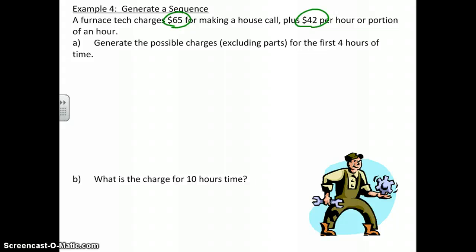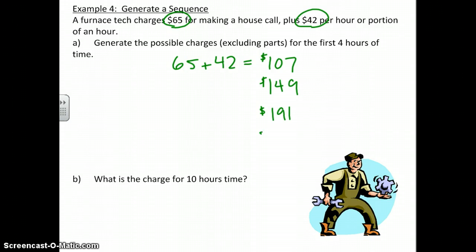The first hour is actually 65 plus 42, so the first hour would cost you $107. Then what's the next one going to be? We just add 42, so we get $149. Next one, we add another 42, $191. Next one, we add 42, $233. That's all that one's asking for.